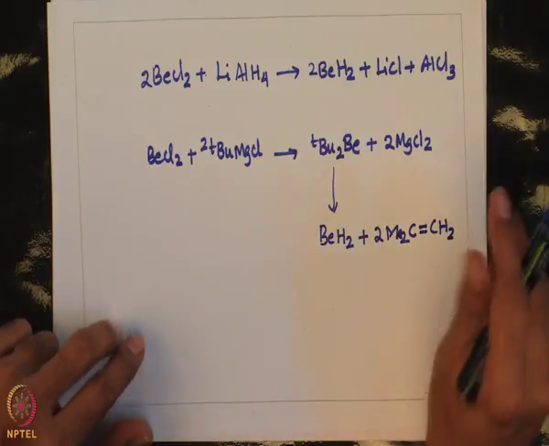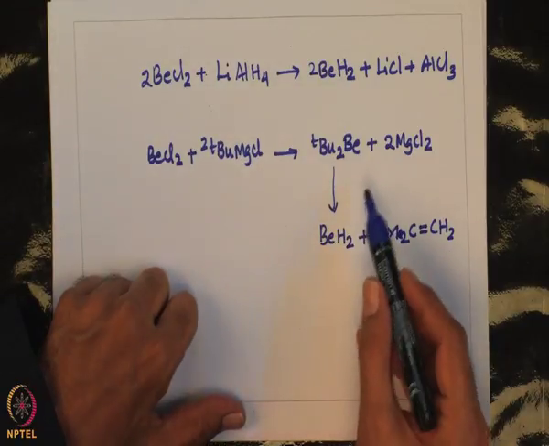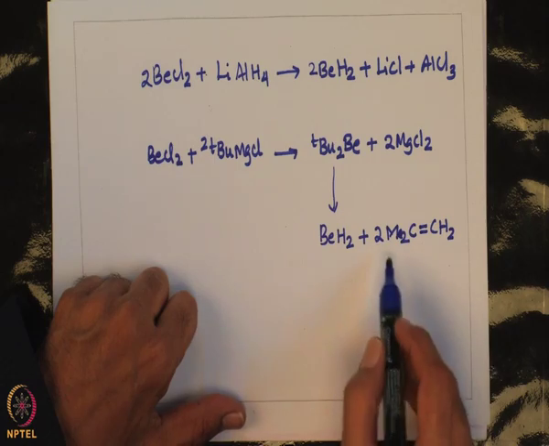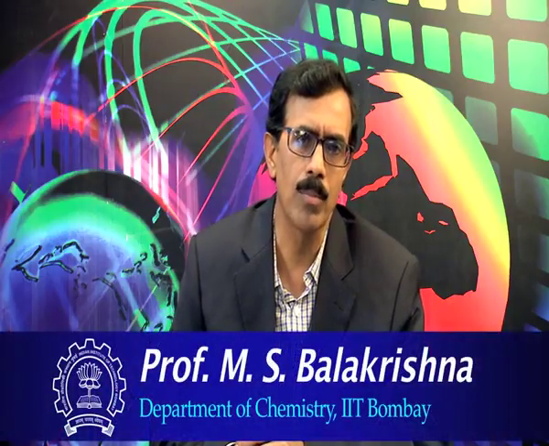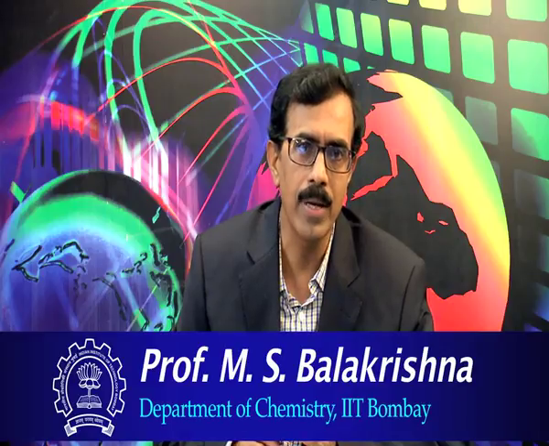So, you may be wondering how ditertiary butyl beryllium compound gives beryllium hydride plus two equivalents of propene. Basically, what happens when you have some beta hydrogen atoms, they have an easy pathway for decomposition, and one such mechanism can be seen here, that is called beta hydrogen elimination.